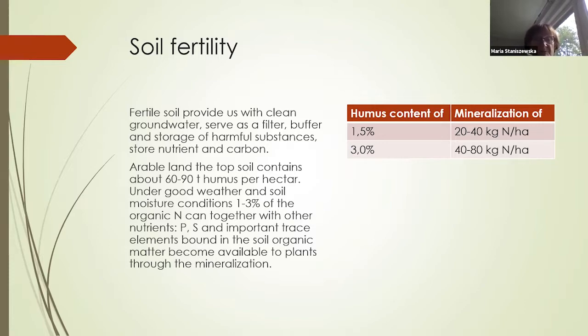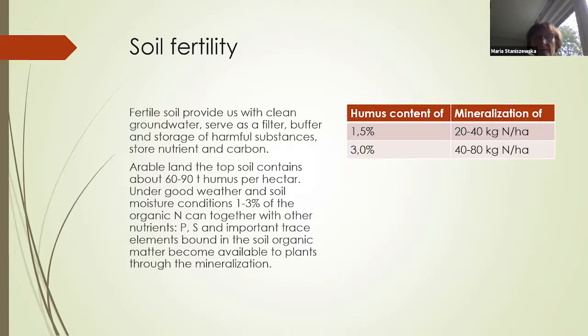When we have 3%, we can mineralize 40 to 80 kilograms per hectare. So fertile soil provides us with clean groundwater, serves as a filter, buffer, and storage of harmful substances, and stores nutrients and carbon.